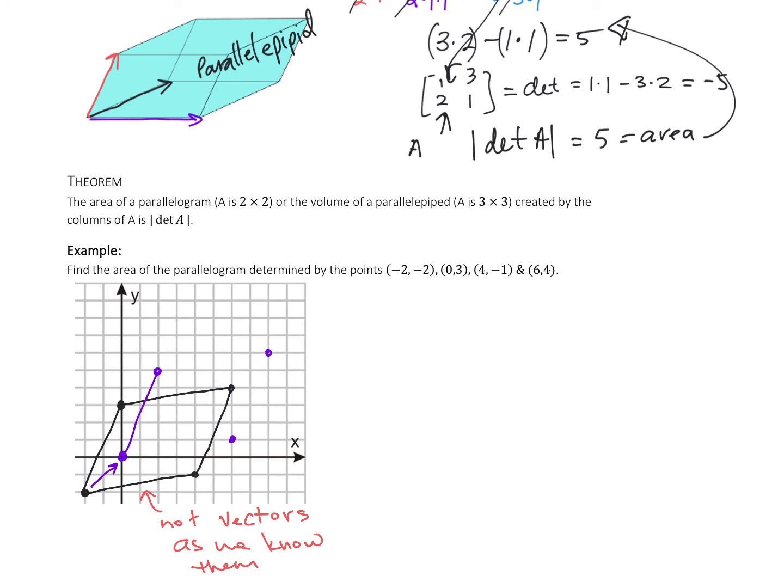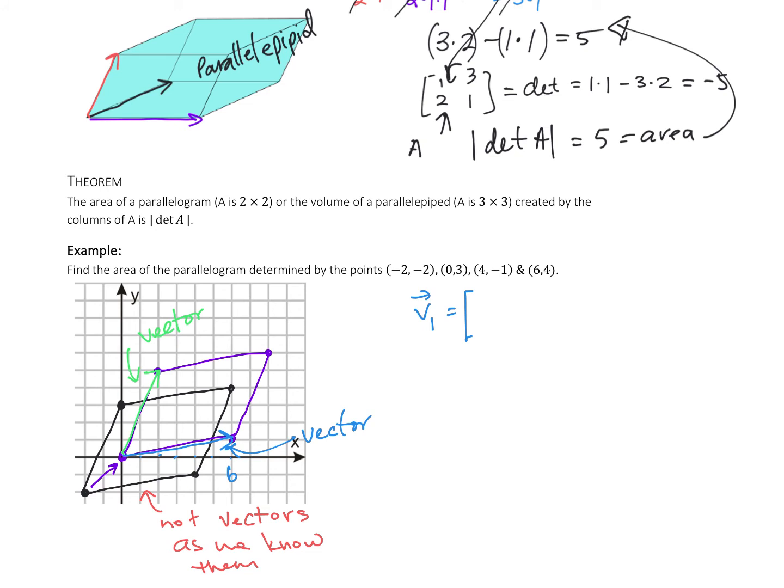And now I have a parallelogram where this one here is one of my vectors. So there's a vector. And this guy here is also a vector. So we need to figure out what those vectors actually are. So V1 here, my blue vector, is 1, 2, 3, 4, 5, 6.